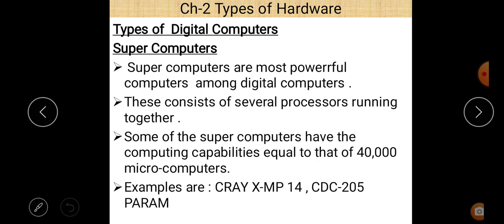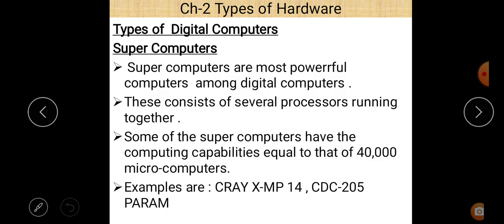And next is supercomputers. Supercomputers are the most powerful computers among digital computers, and these consist of several processors running together. So more than one processor is there in supercomputers, and some supercomputers have computing capabilities equal to that of 40,000 microcomputers.